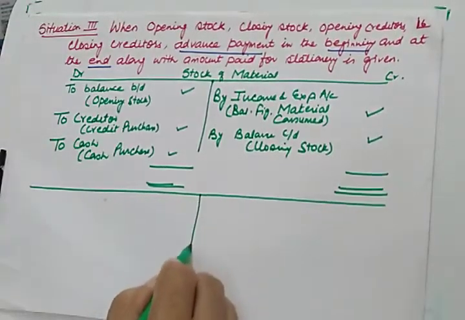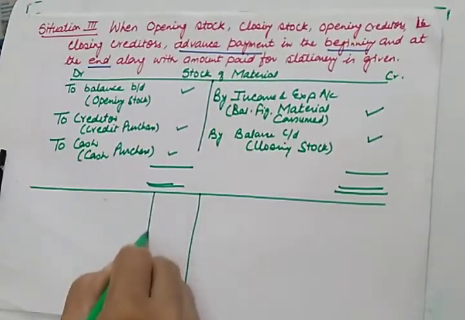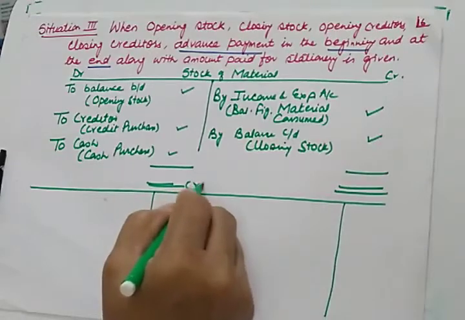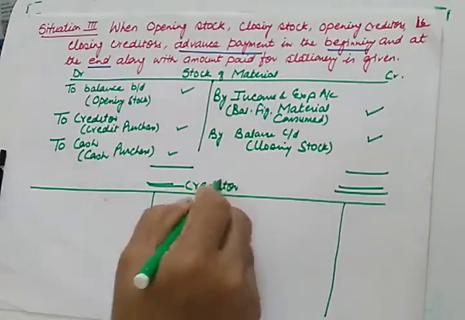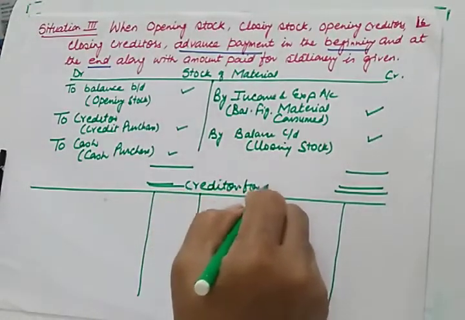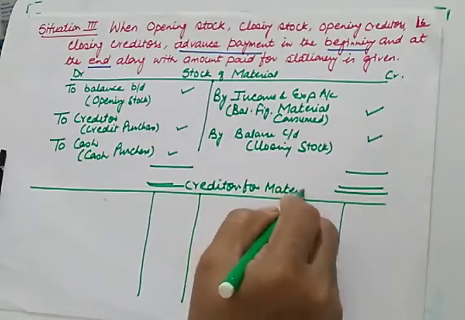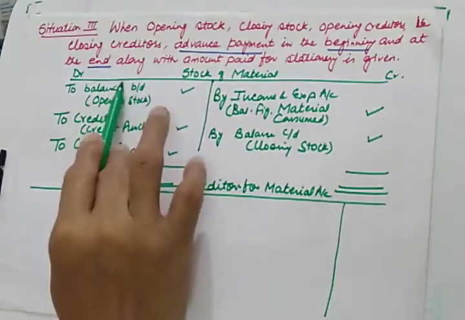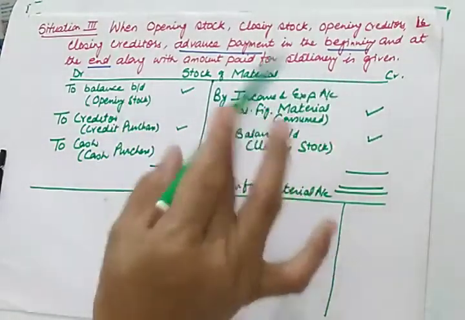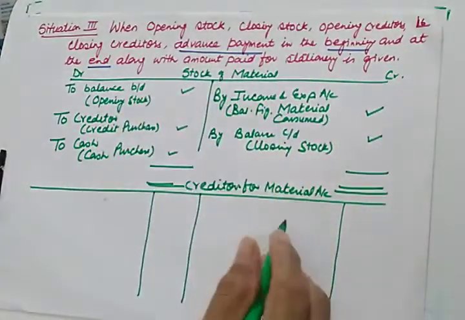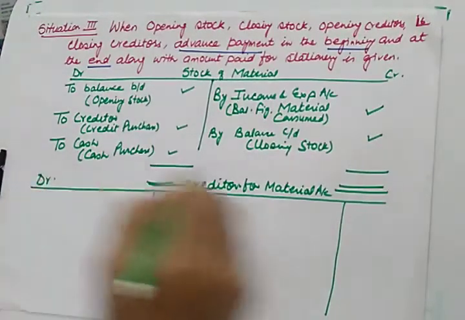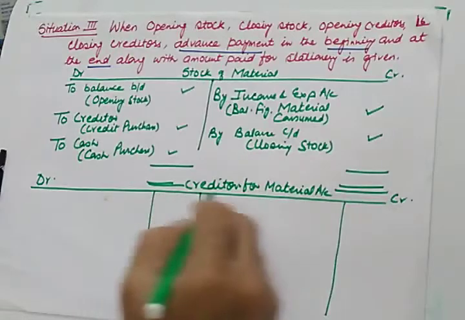Now the next account is the creditors for material account. The same formality you can do. Particulars and amount are already there in the ledger format, but just to save time, I am not doing those formalities.